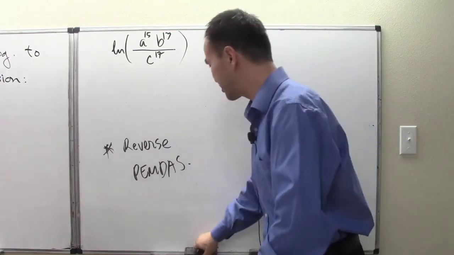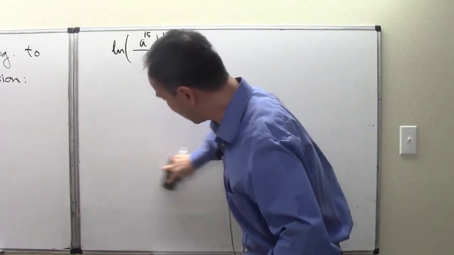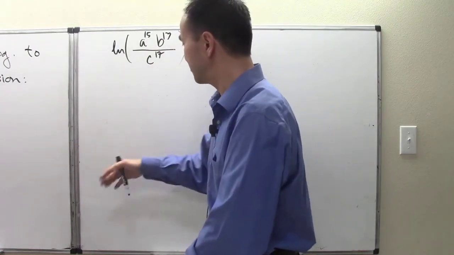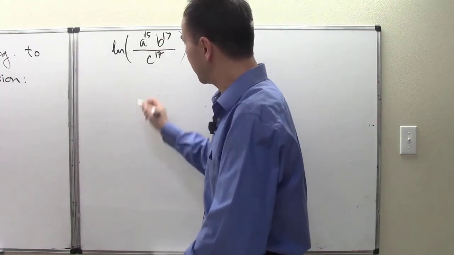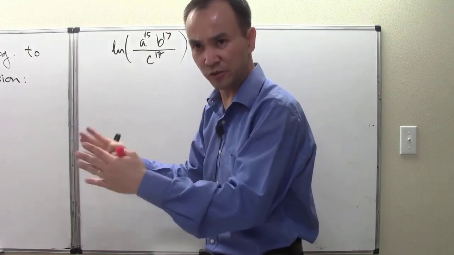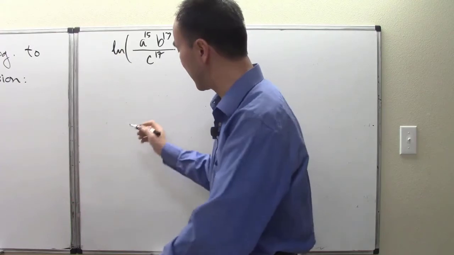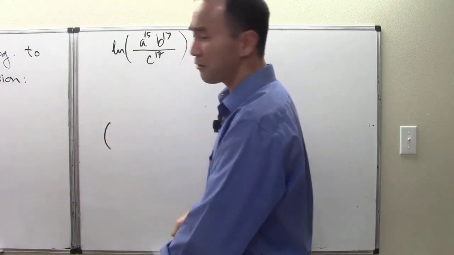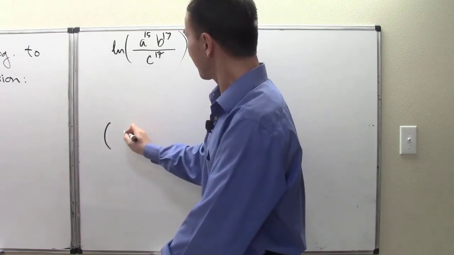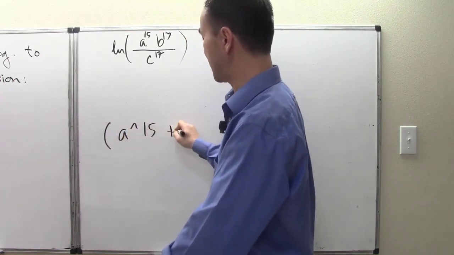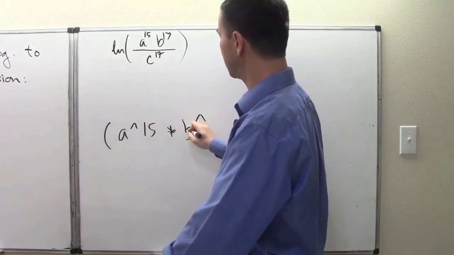This advice is already good enough, it stayed there long enough, so let's erase it. Here's the thing: if we're typing this into a calculator to reflect order of operations, to reflect PEMDAS, it needs to be as follows. In parentheses, a raised to the 15 power times b raised to the 13 power.